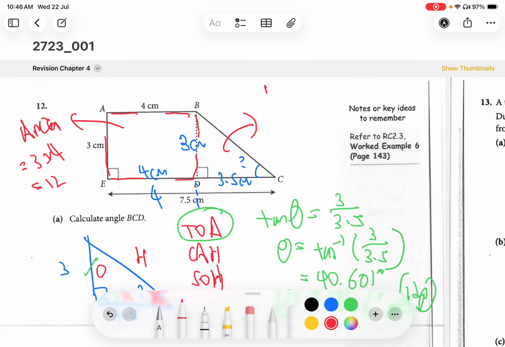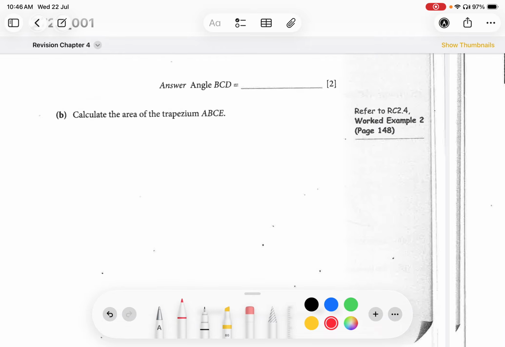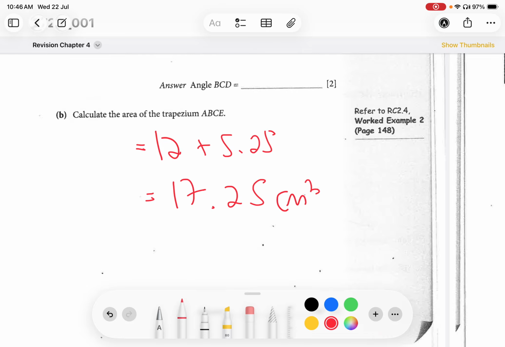The area of this triangle is half times base times height. Half times 3 times 3.5 is 5.25. So the area of the trapezium is 12 plus 5.25, which is 17.25 cm squared. That's all for this.